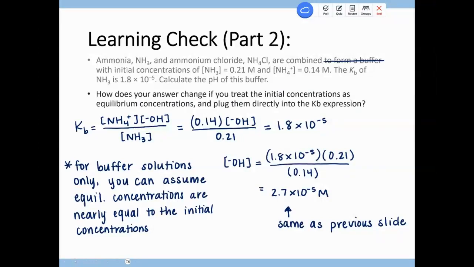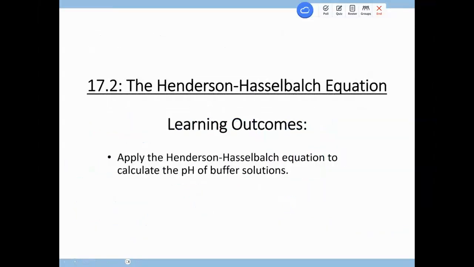So without having the ICE table, we can calculate OH minus concentration since it's a buffer solution. And then, like I said, you'd still have to continue to calculate pOH and then pH. But in the next section, we'll talk about the Henderson-Hasselbalch equation, which I also think you have some experience with.